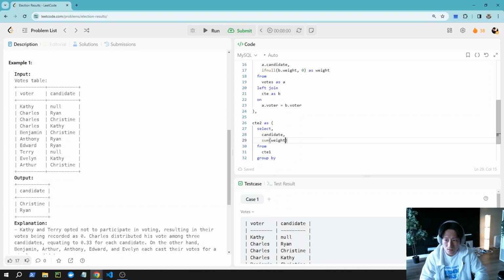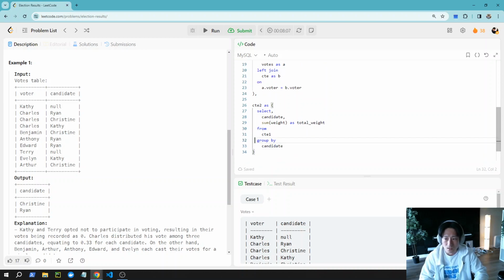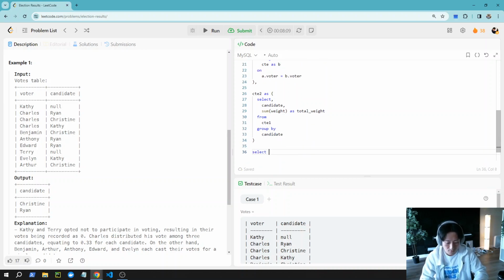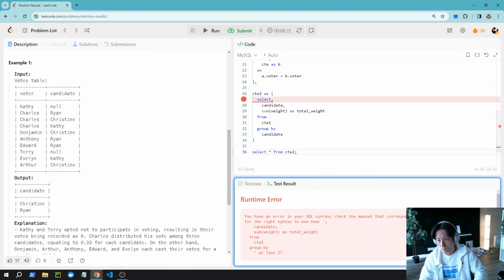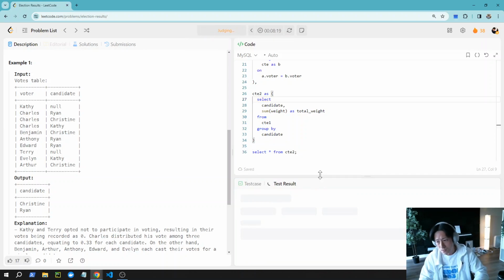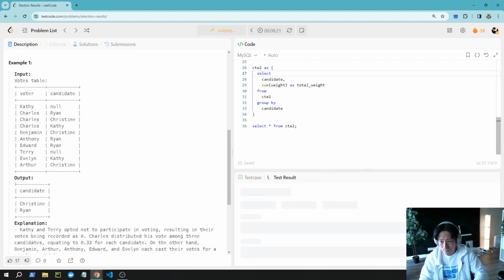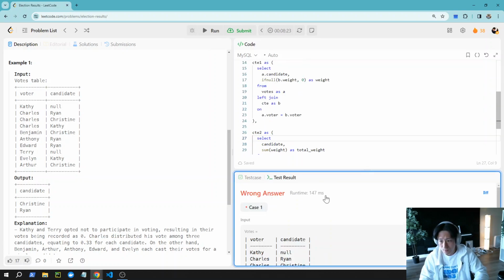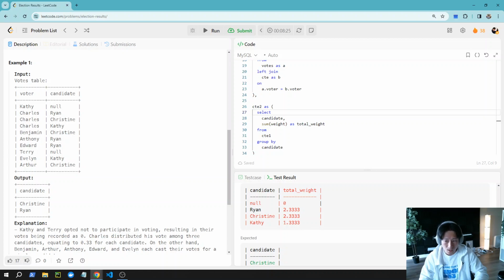Okay, it's not total weight. Okay. And then let's see this result for now. CTE2. Something wrong here. I don't need to have this. What's going to happen? Okay, that looks good.